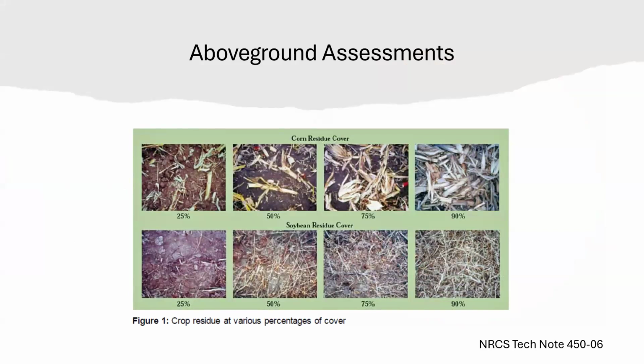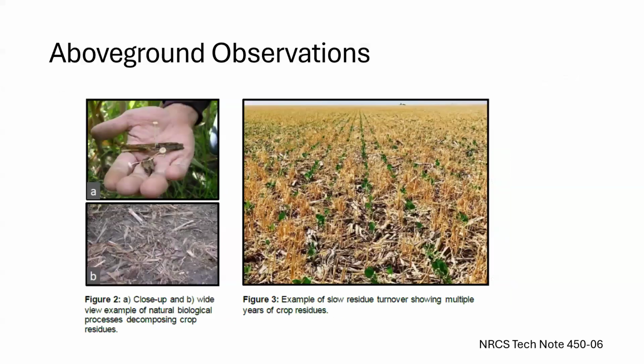Because we know we want to protect the surface. So we need protection on the surface, but we also know that we want to feed the microbial population. So we also need litter and cover to feed microbes. So if you go out into the field and it's completely bare and there's nothing there, that's not good, right? So this is a simple observation that can be made.